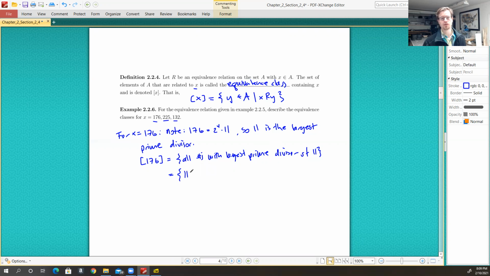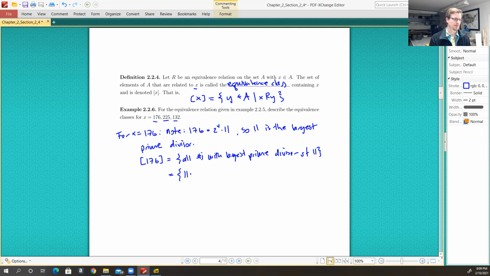So each of these numbers that are in the set have the largest prime divisor of 11. So they all have to contain a factor of 11. Beyond that, they can have essentially any number of factors of any prime number less than that. So what I'm doing is I'm writing our collection of numbers in their prime factorization.